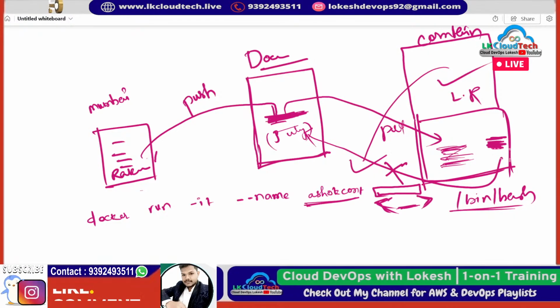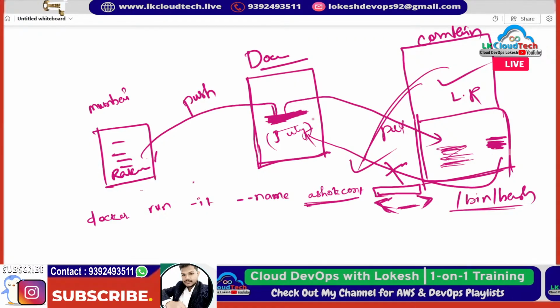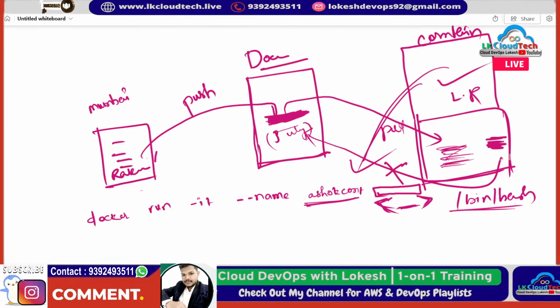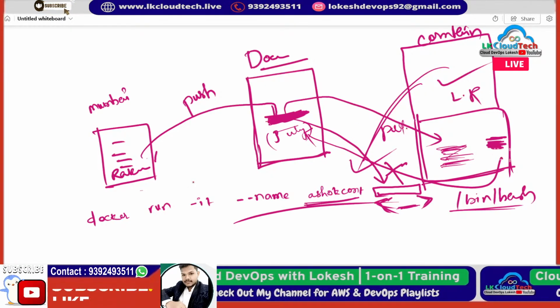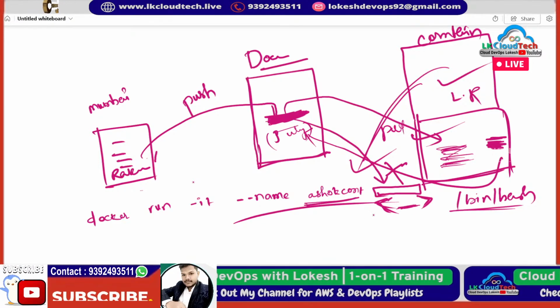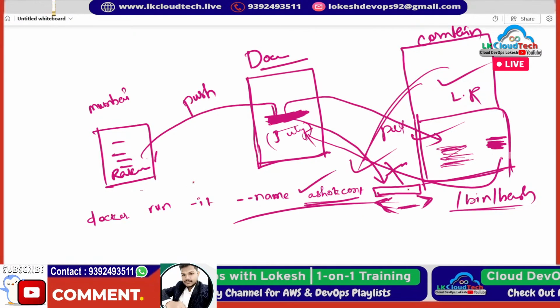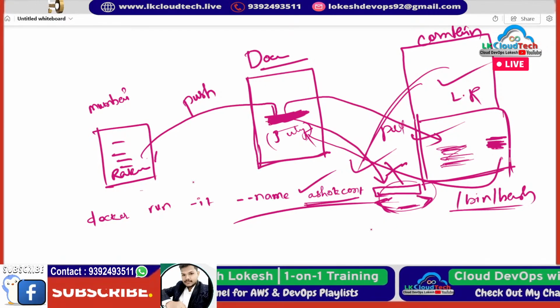This part I said: if you already have a new image in a repository, on top of that you can create a container. This is the container name. I will tell you this also.